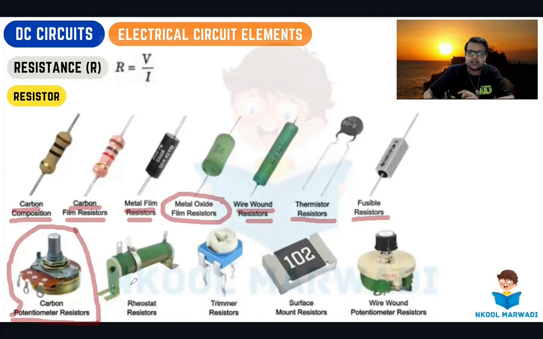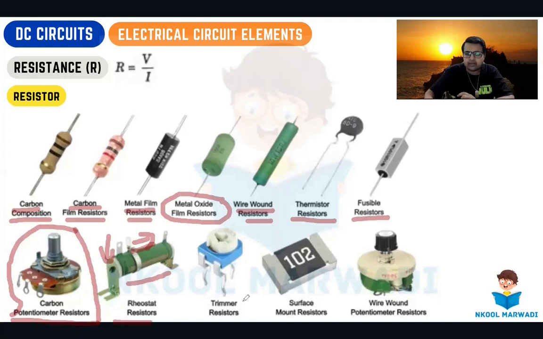Similarly, we have the rheostat resistor. We can also vary this. Here we can move this, because of which we can alter the length. And we know that as the length increases, resistance will increase. So as it moves far away, resistance will increase, and if it gets closer to this end, resistance will decrease. So we can control the resistance.